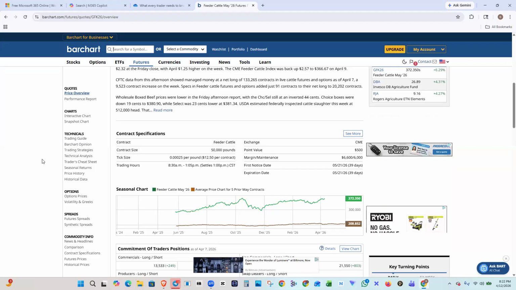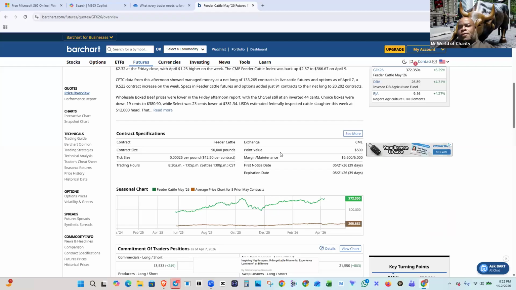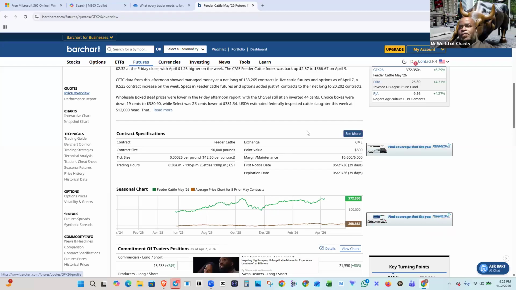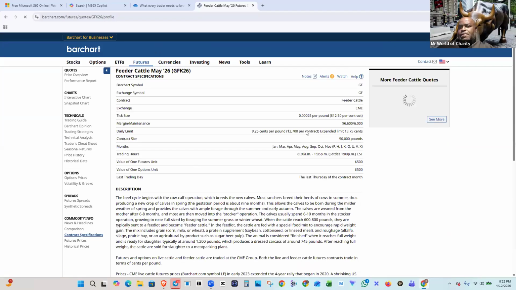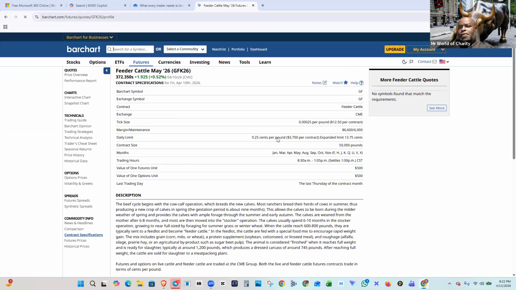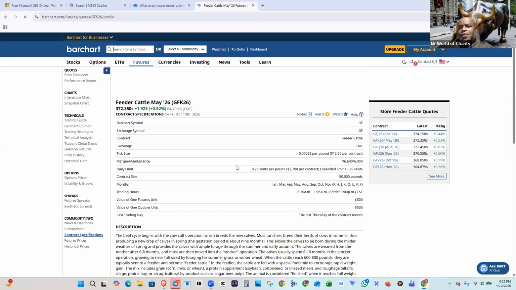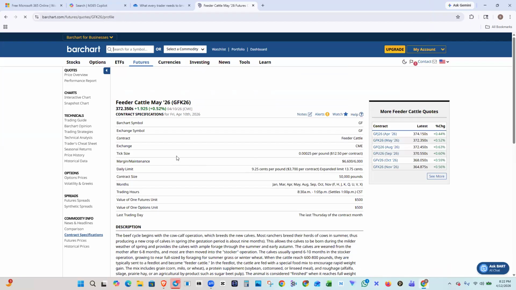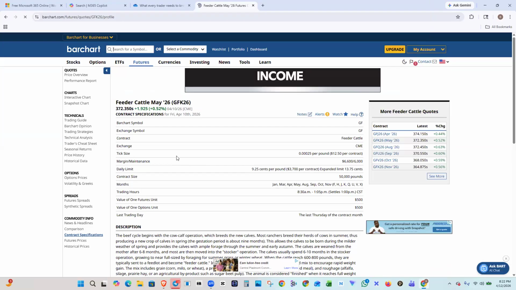And it can move a bunch of pennies. Can you see more? And the daily limit is $9.25.